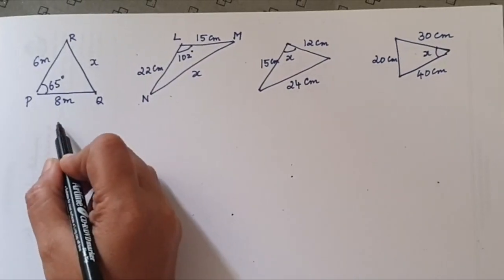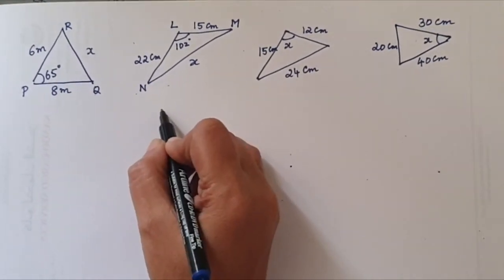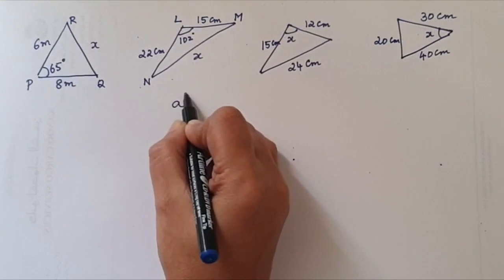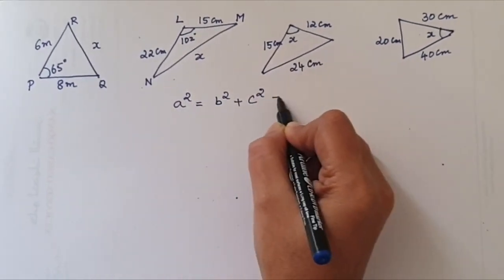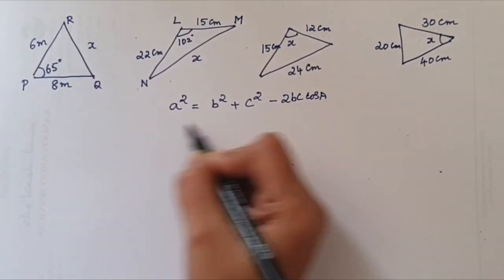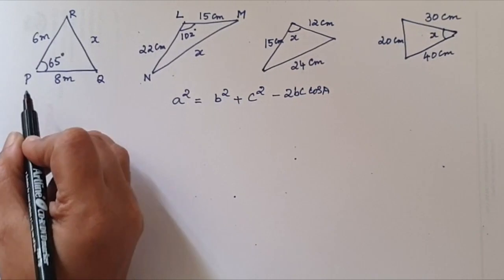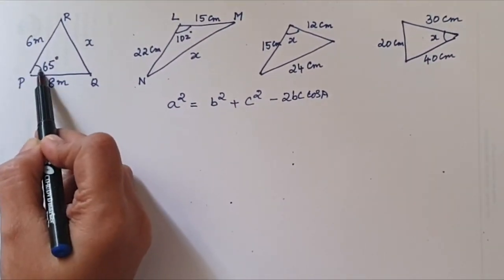Now let us see how to apply the cosine rule. Before applying it, let us write out the cosine rule, that is a square equals b square plus c square minus 2bc cos A. So in order to apply this cosine rule, let us take this first example. We have two sides and the included angle.